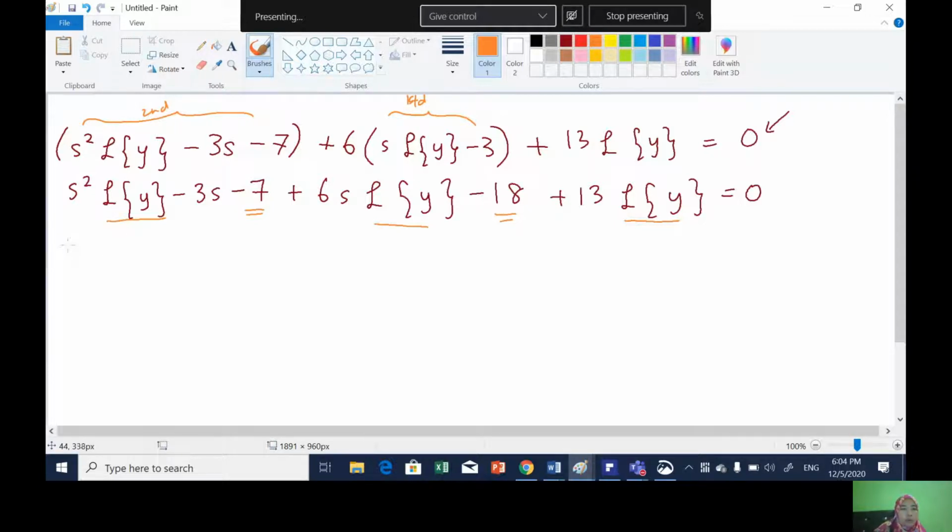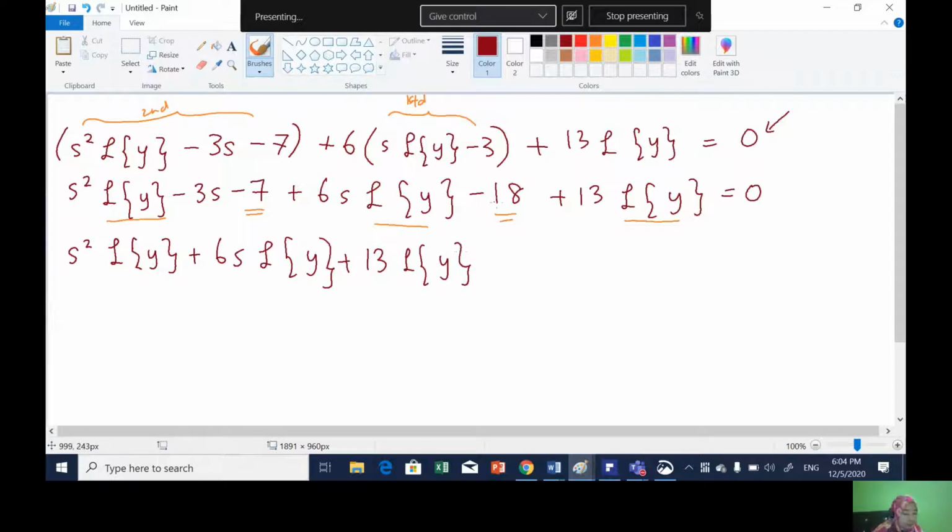So I'm going to write properly here: s squared L{y} plus 6s L{y} plus 13 L{y}, then the remaining part bring it to the right hand side.